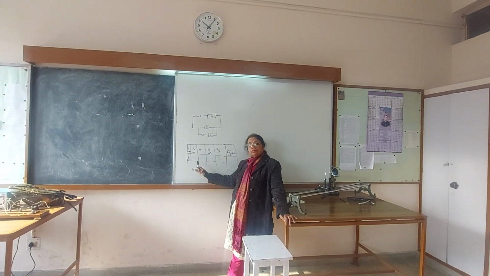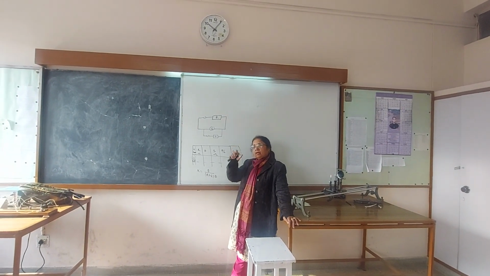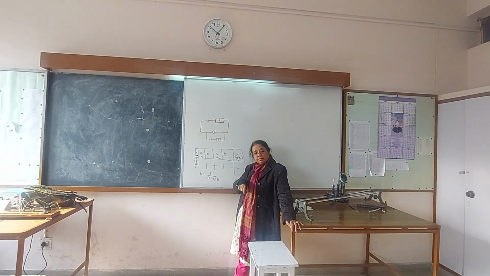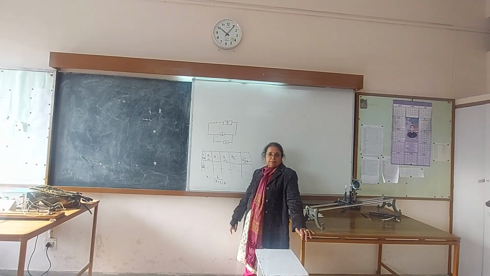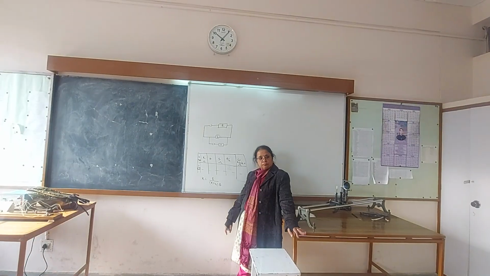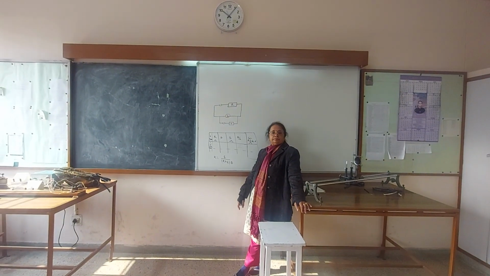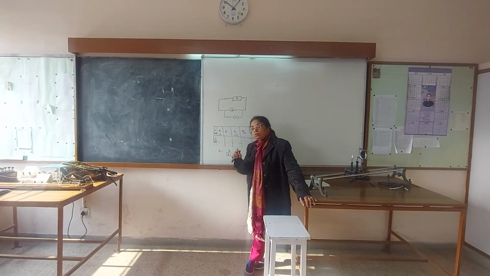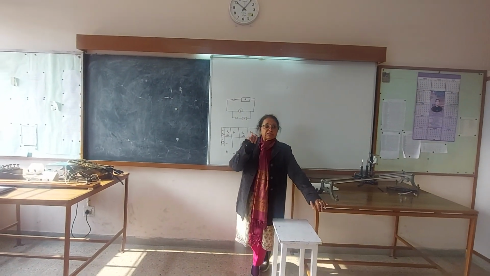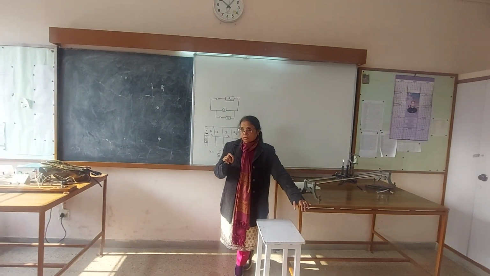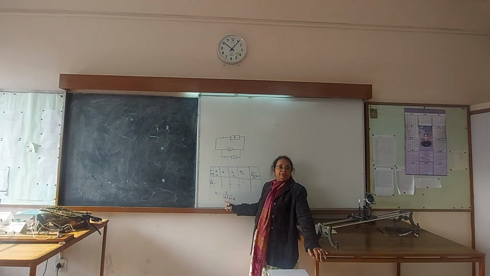Another point. What should be the value of K? Should a good galvanometer have a low value of K or high value of K? Why low? Any galvanometer is a good galvanometer if it can detect even the smallest of current. This is current per unit deflection.